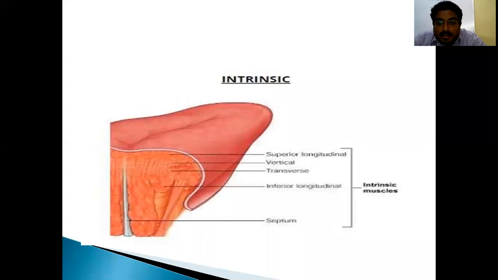See, intrinsic muscles: here the superior one is the superior longitudinal, below it is the vertical, the next is the transverse, and then the inferior longitudinal. These are the four intrinsic muscles. Two types of muscles: intrinsic and extrinsic.